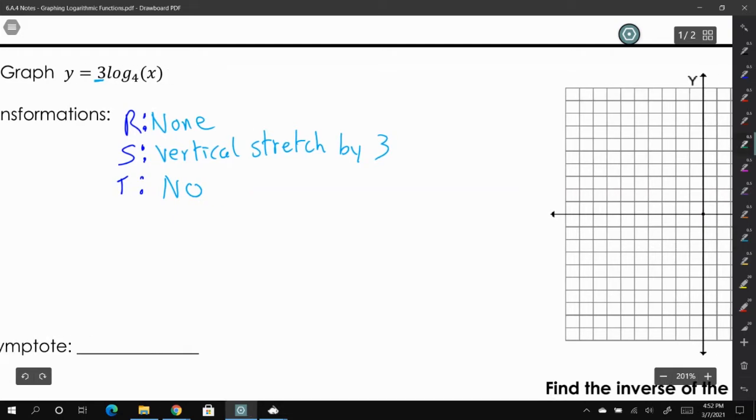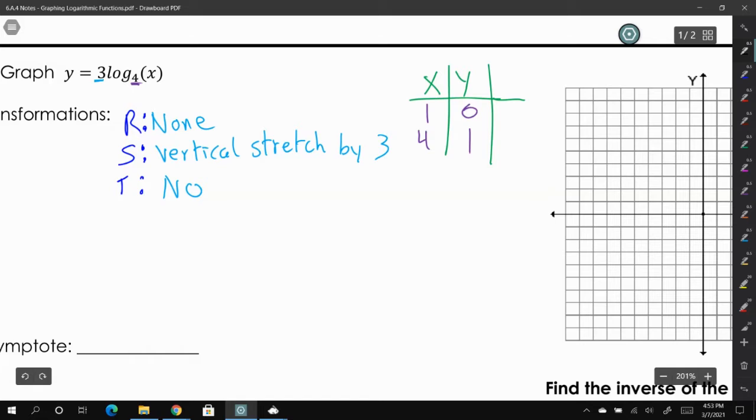So to graph this, we're going to do the same thing that we did graphing exponential functions, where we're going to start with 1, 0, and 4, 1, our base, 1. Then we're going to make a third column in our table, and we're going to multiply all the y values by what our a value is.